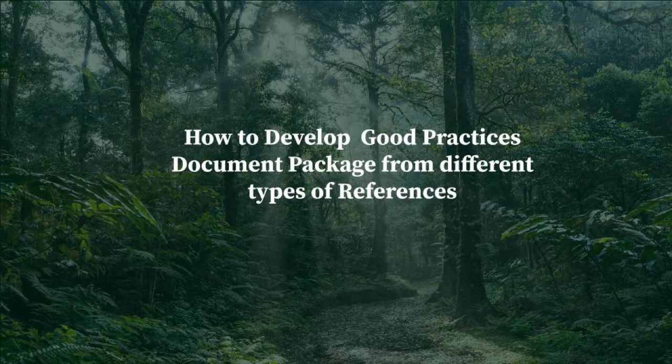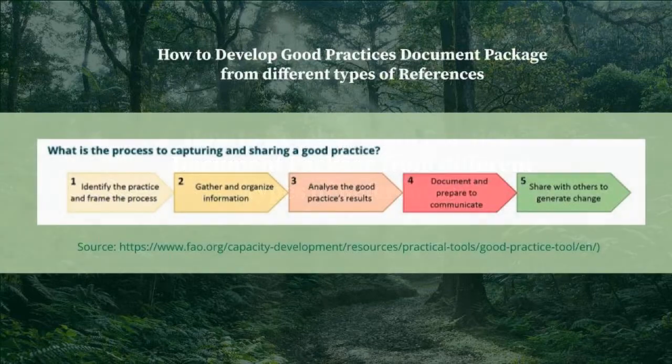A good practice document focuses on the successful experience or the right actions taken that led to the achievement of a goal. The FAO website on capacity development identifies a 5-step process to capture and share a good practice.